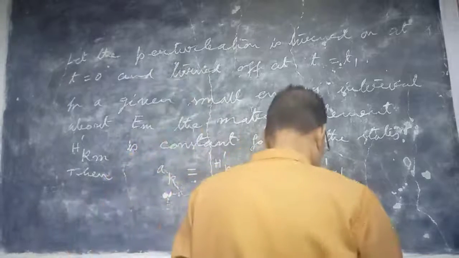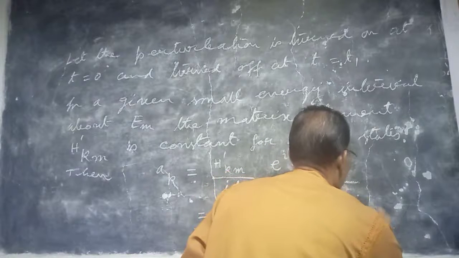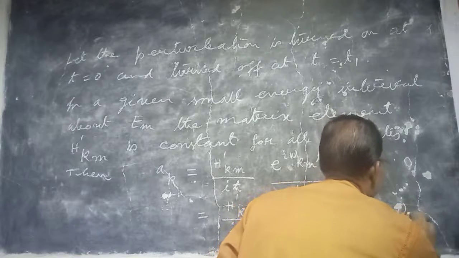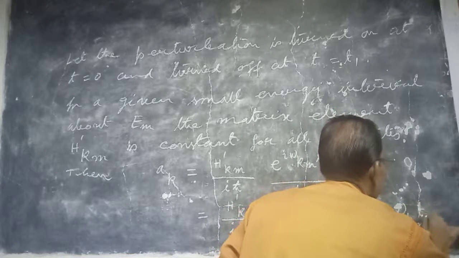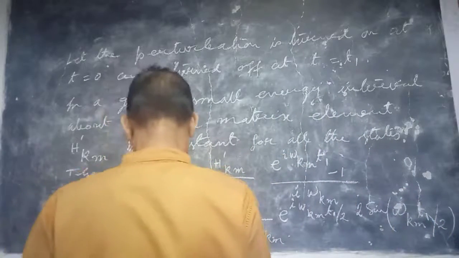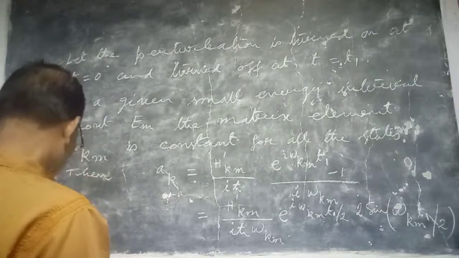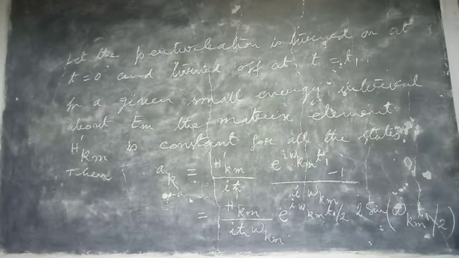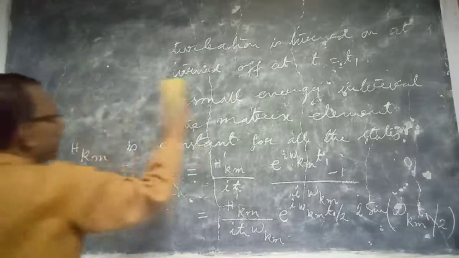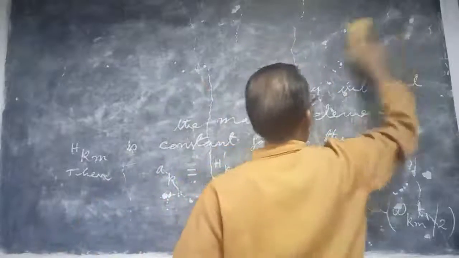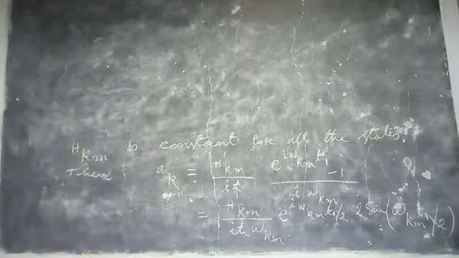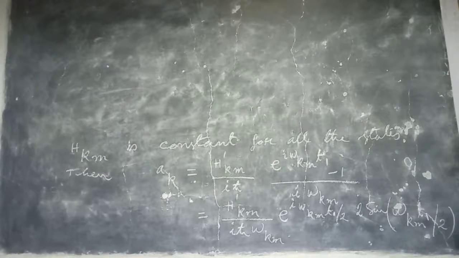So we get the sine function: twice sine omega km t1 by 2. So this is the probability of finding the system in the kth state after applying the perturbation H prime, which is considered to be very, very small.